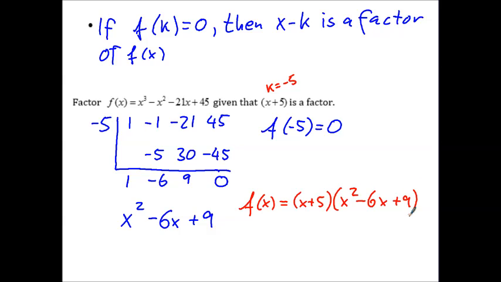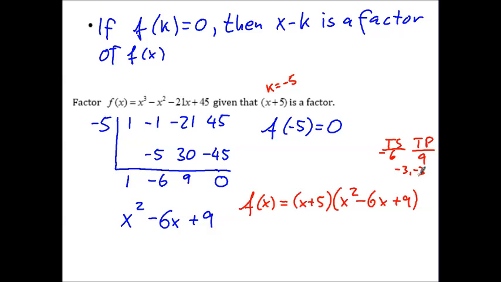Since we're supposed to factor this, let's look at the trinomial in the back of this function. We see we got a target sum of negative 6 and a target product of 9, and that gives us the two numbers negative 3 two times.